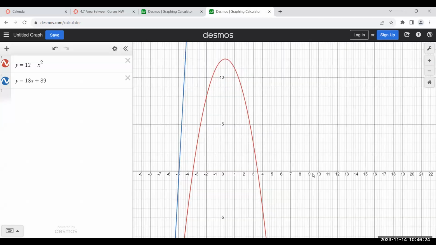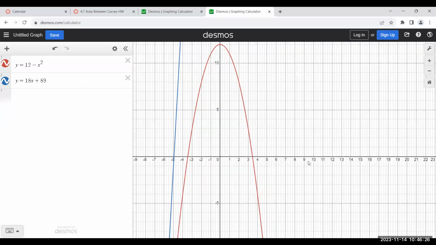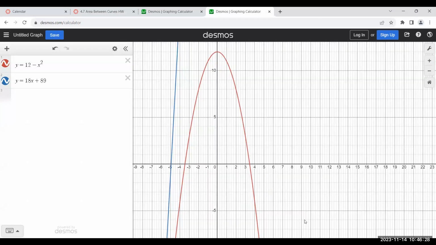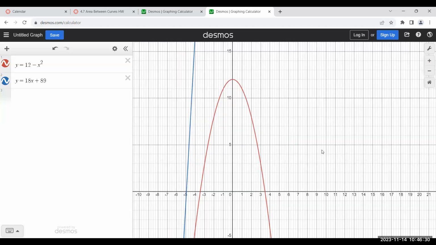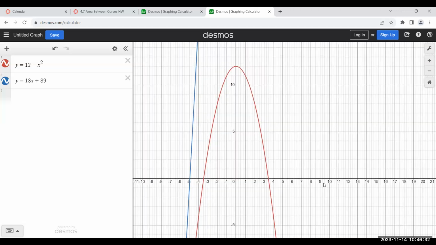I guess 18 times 1 plus 89. That's really high up. But I don't really care. What I know is that I'm finding the definite integral from -4 to 1. And all I care about is what function is on top, what function is on the bottom.